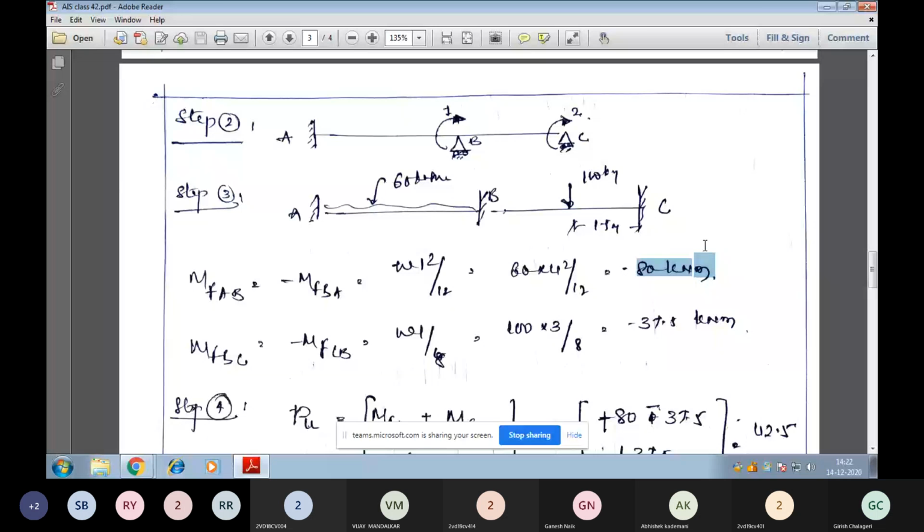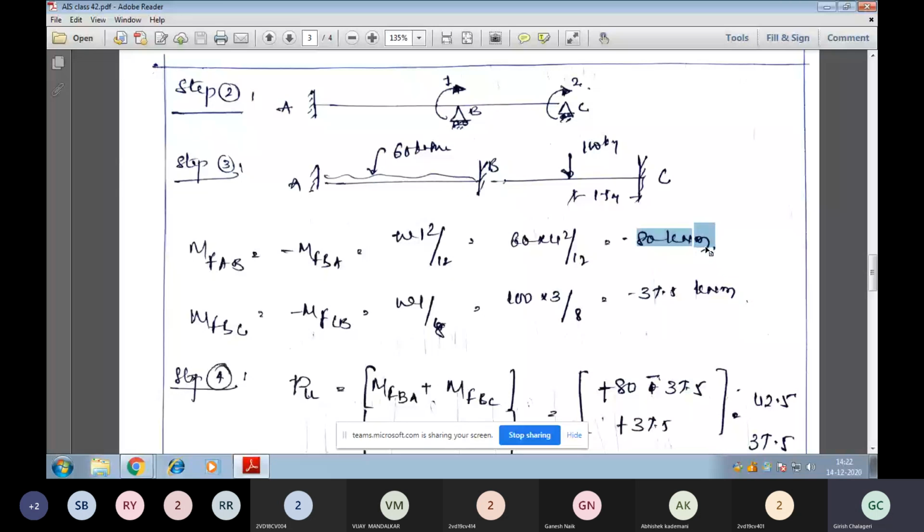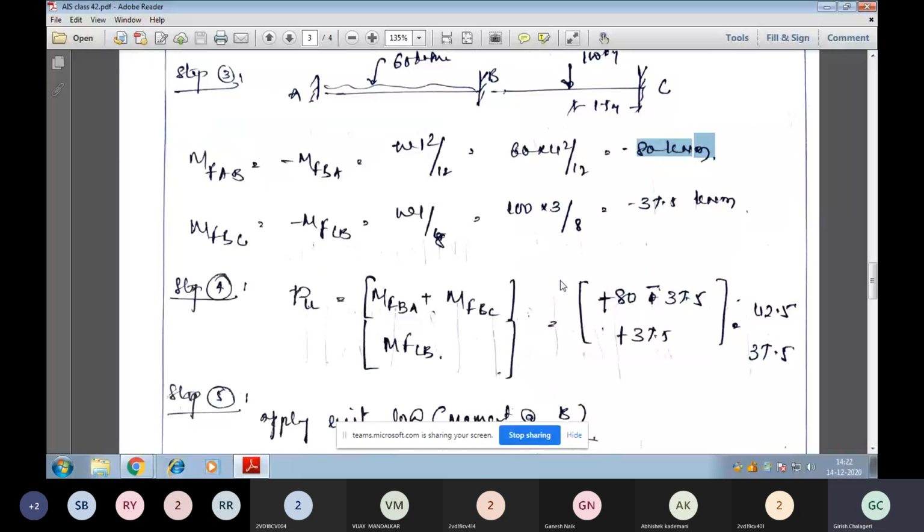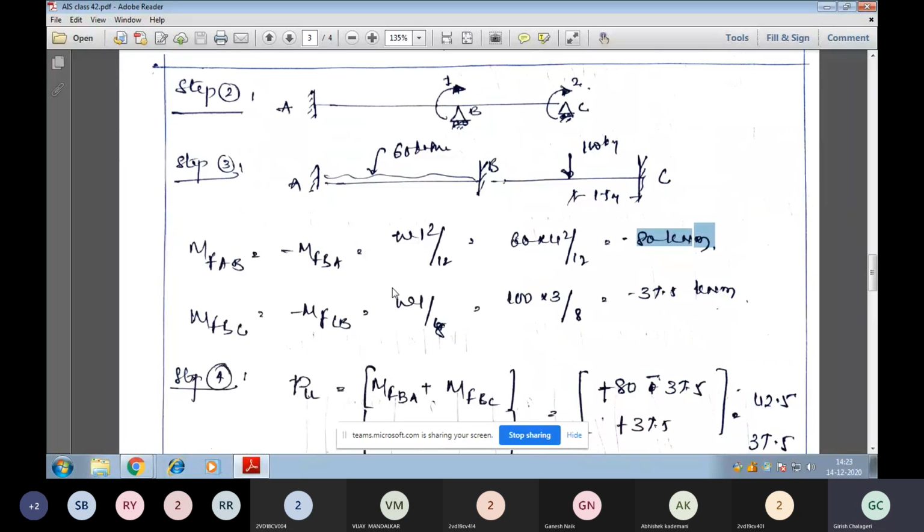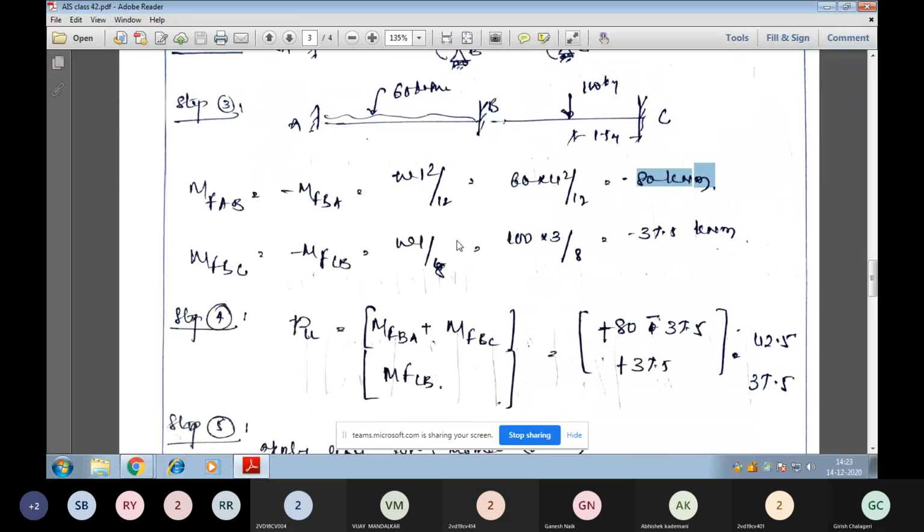Next we are finding the PL value, that is the final forces, which is in step 4 itself. So PL value means we have taken two coordinates, one at B and one at C. So the total moments acting at joint B are from two members, BA plus BC. So MFBA plus MFBC.